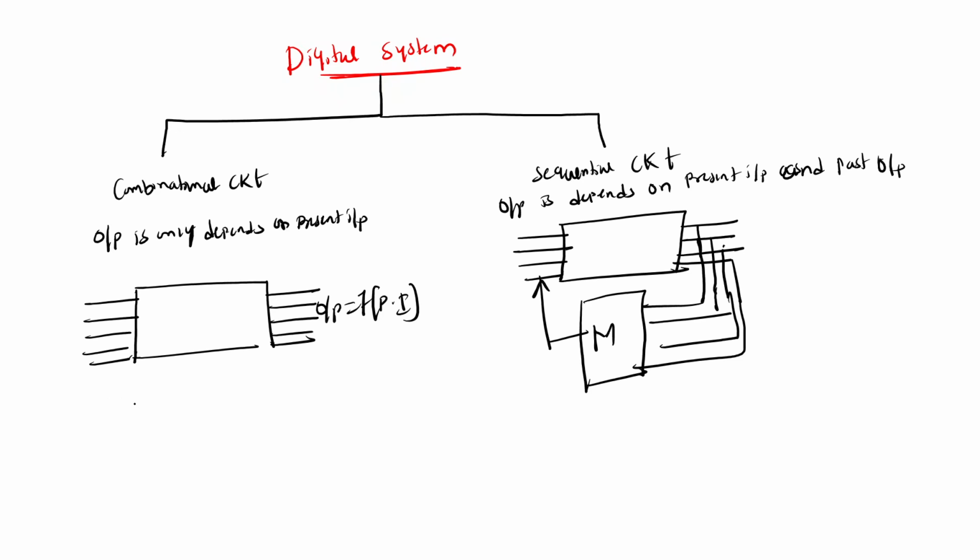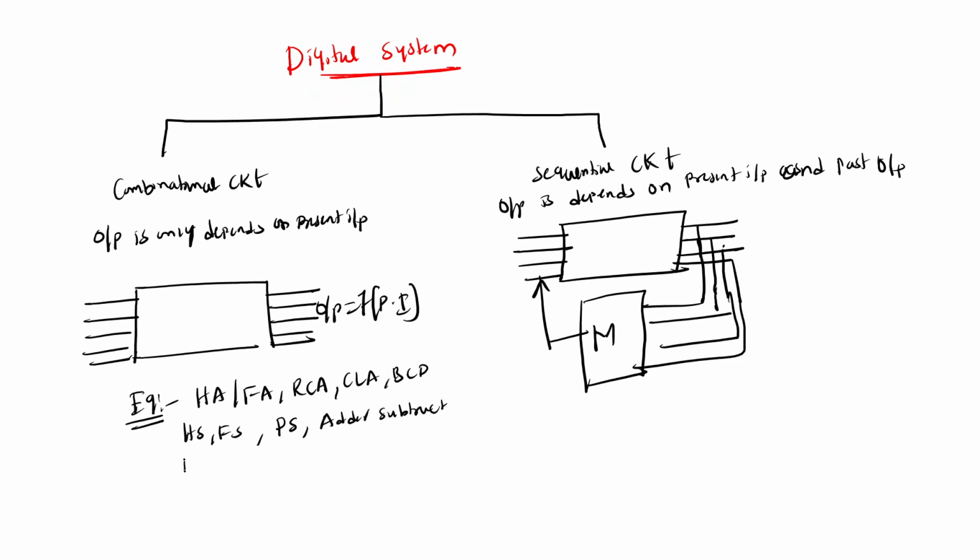For example, we are going to study half adder, full adder, ripple carry adder, carry lookahead adder, BCD adder. These are adders. Then half subtractor, full subtractor, parallel subtractor, adder subtractor, and multiplier.